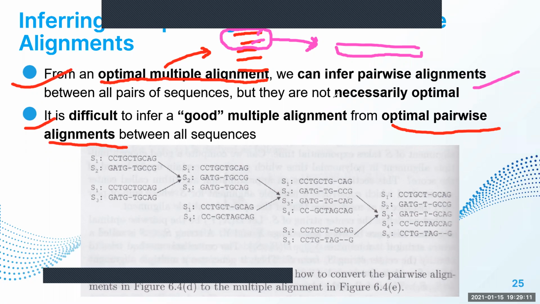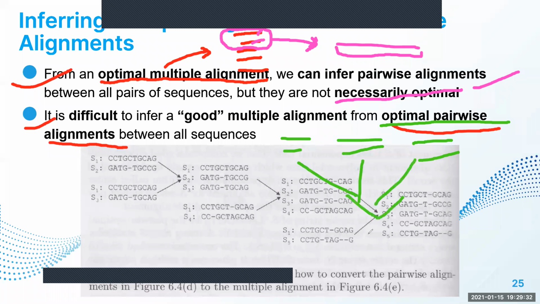So that means we don't necessarily need to optimize the pairwise alignments. On the other hand, if you do a better job on pairwise alignment and get better values on these pairs, and then try to get the multiple sequence alignment, it's not going to work.